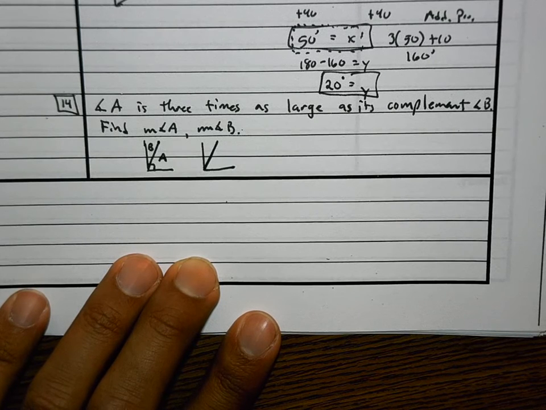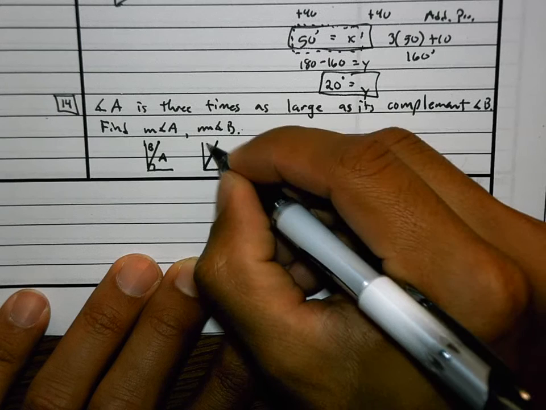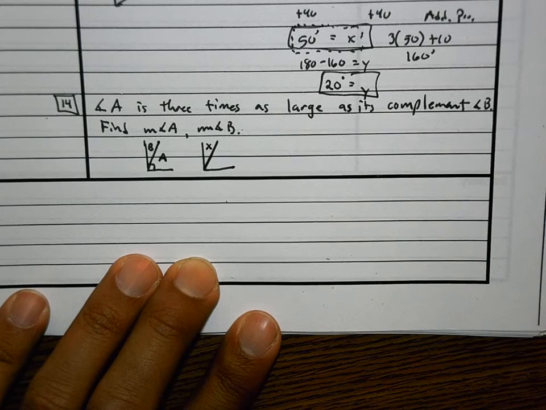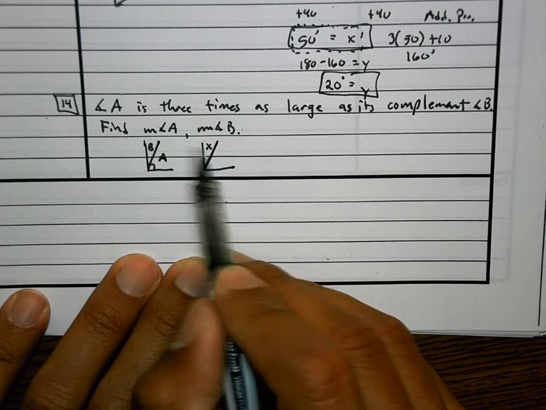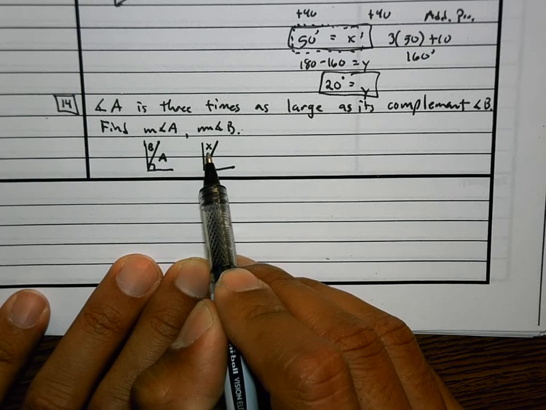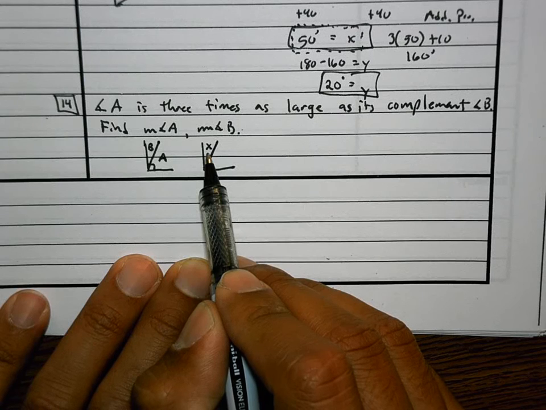No. Let's do this. Let's put X right here. This is X. Angle B is a smaller angle. It is an unknown. I don't know how long it is. We can call it X. We could even call it B if we wanted to. It doesn't matter.